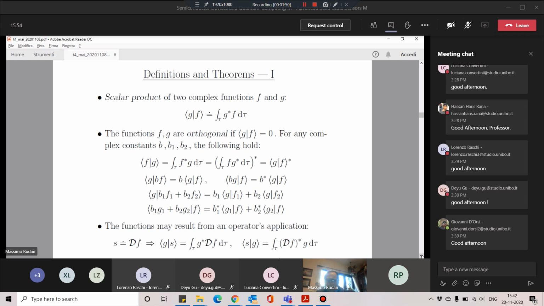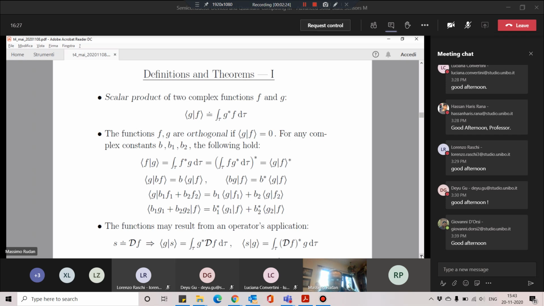And in any case, when we have to calculate the probability of localization of a particle or other probabilities that we shall see, following the recipe of quantum mechanics, we take the square modulus. So in any case, eventually we always have to deal with real functions because they correspond to physical properties.